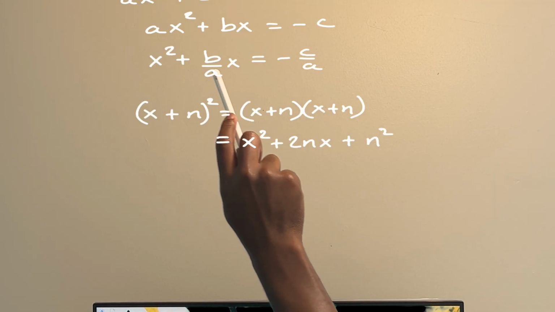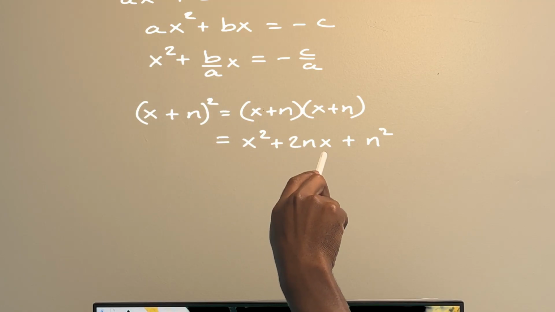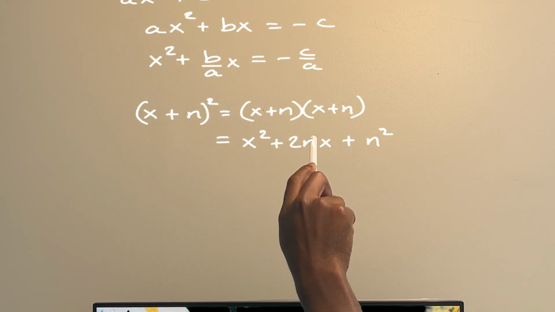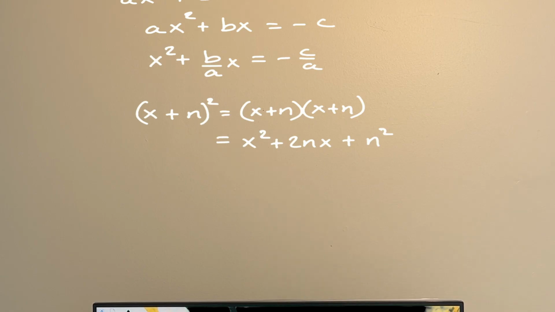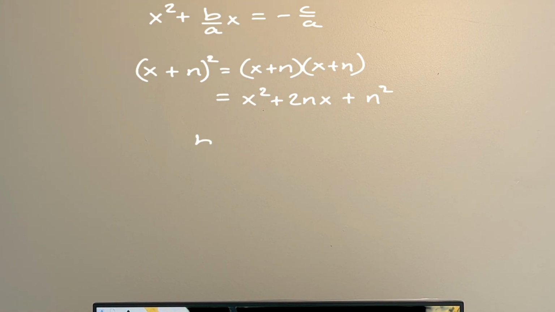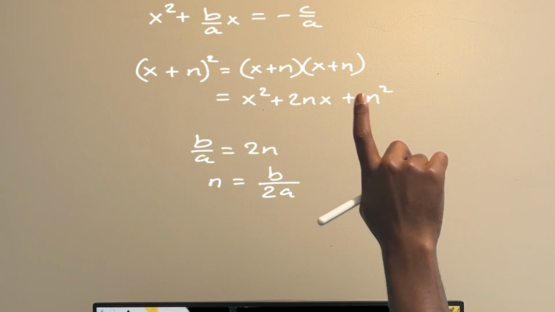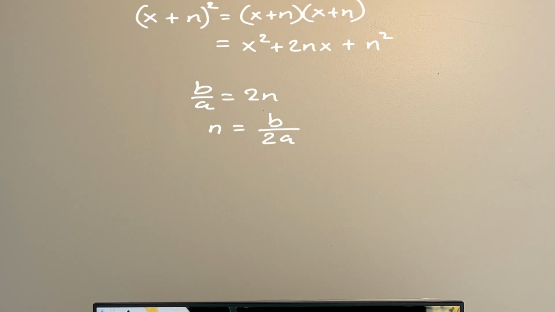Well, we can set our coefficient to 2n and then solve for n. So b over a is equal to 2n. That means n is equal to b over 2a. So now we have n. The constant, though, is squared, so when we square that, n squared is going to equal b squared over 4a squared.